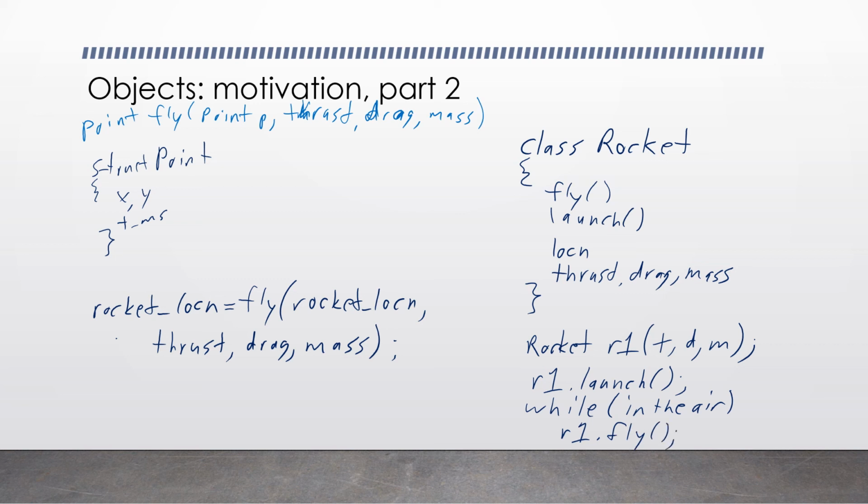So in this setup, we only have to set the rocket's thrust and drag and mass once, and then for the rest of the code, we're just letting the rocket object simulate itself. We don't have to keep track of thrust and drag and mass throughout the entire program and keep passing it to our function over and over and over again.